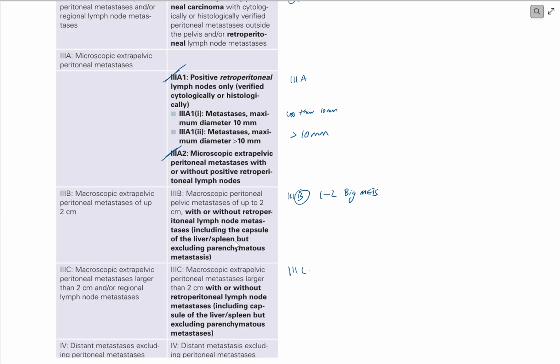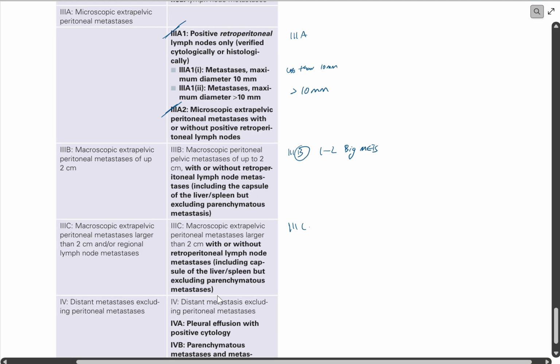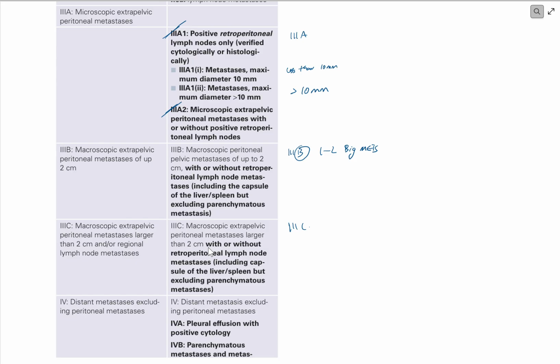Okay, and you can include the capsule of the liver or spleen, and 3C is macroscopic extrapelvic mets larger than 2 centimeters.